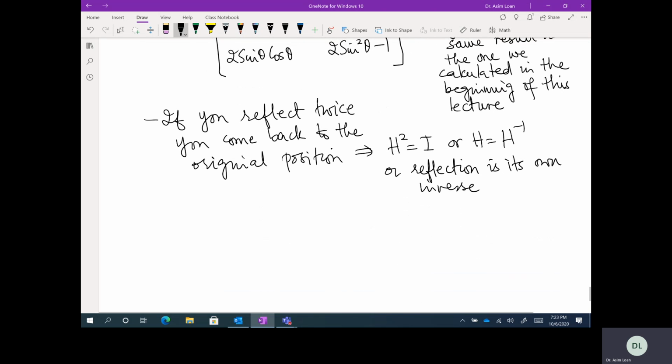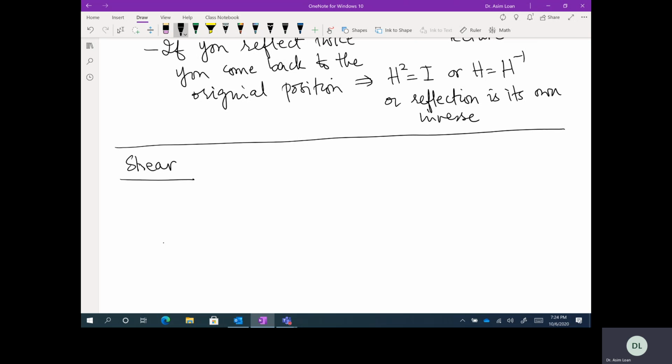Good. The last one is shear. And this is like this. You have a deck of cards here, and you lift this one up.